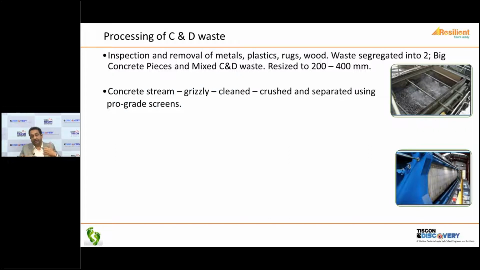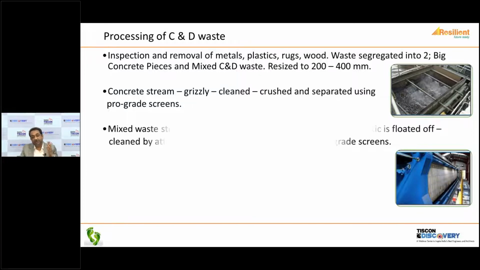So although there will be mud and clay sticking onto the concrete, it's cleaned up, and after cleaning, it's crushed, sized, and then separated using three-step pro-grade streams. So you make aggregates according to the requirement: 20 to 10, 10 to 3, and 3 and below. And after segregation, cleaning, crushing, and segregation, it goes on to the stockpiles for delivery outside or testing.